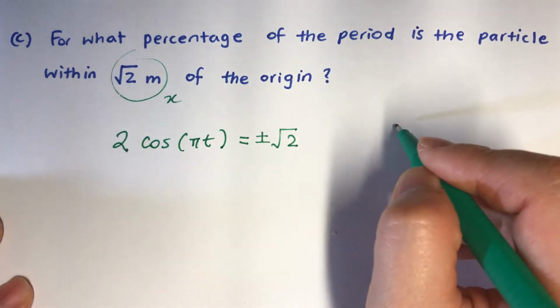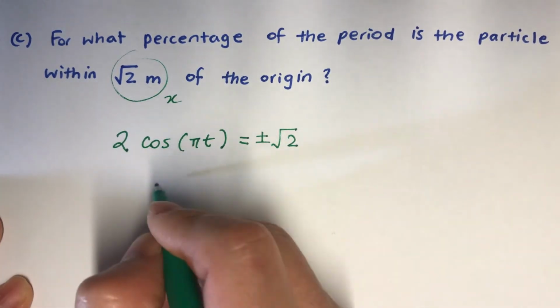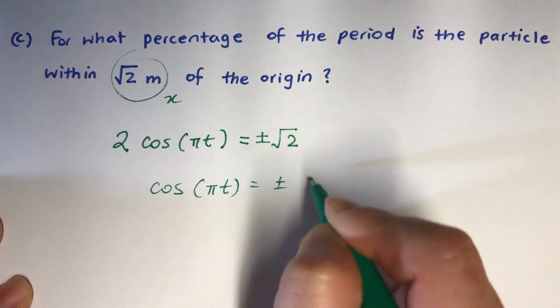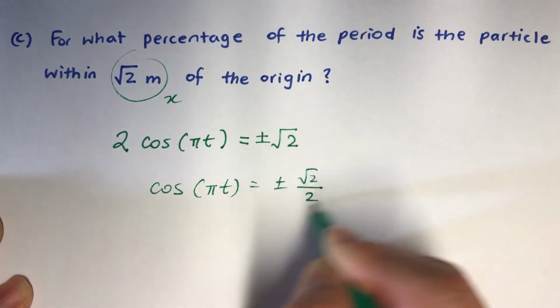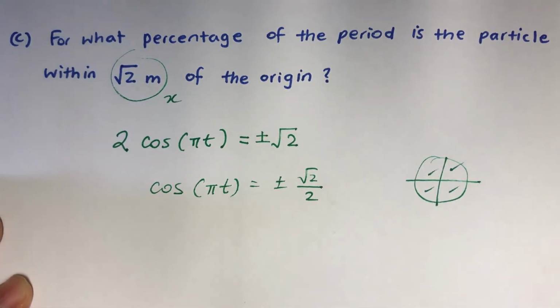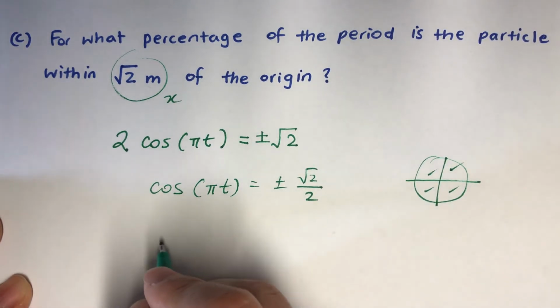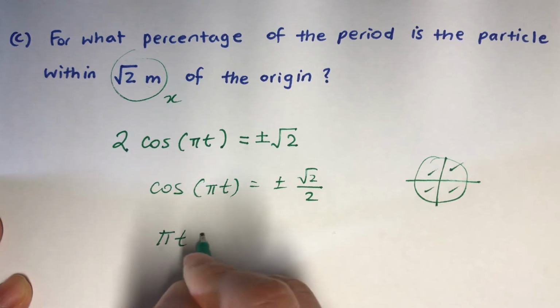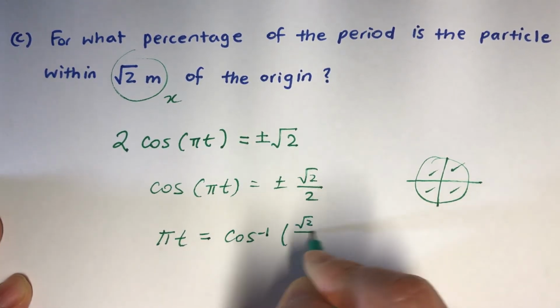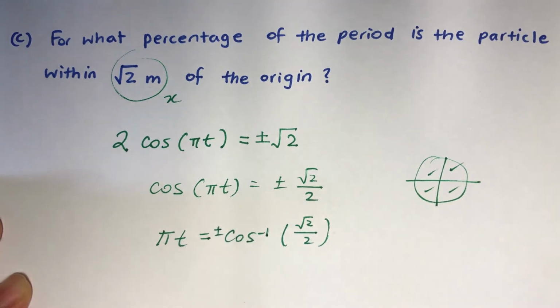So the whole thing, cos pi t equals plus minus root 2 over 2. They're both plus and minus, so all 4 quadrants are okay with that. And pi t equals inverse cos of plus minus root 2 over 2.